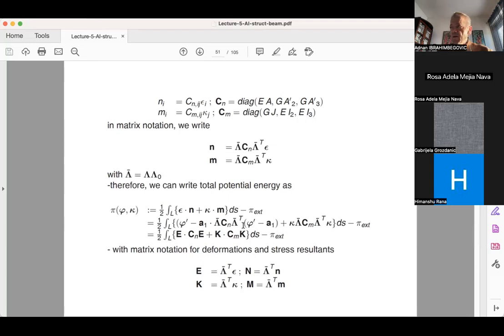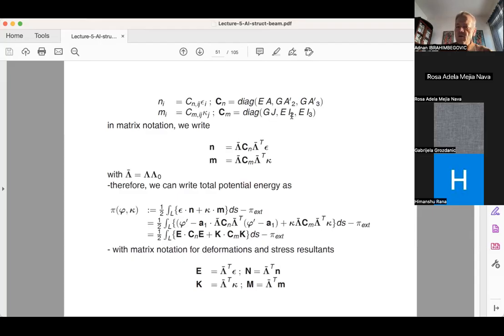So a typical constitutive equation for the simple case: here you have a stiffness for the axial force. This is E, Young's modulus, times the cross-section A. Then you have a stiffness for the shear forces. This is G, the shear modulus, times the so-called effective shear section, if you want to take into account some kind of refined distribution of the shear stress. And then you also have a typical constitutive equation, linear elasticity, for the bending.